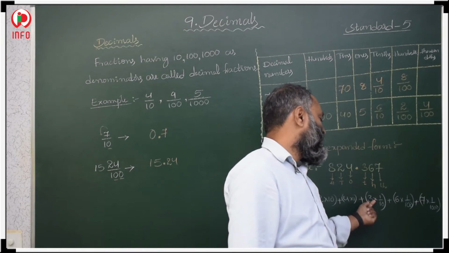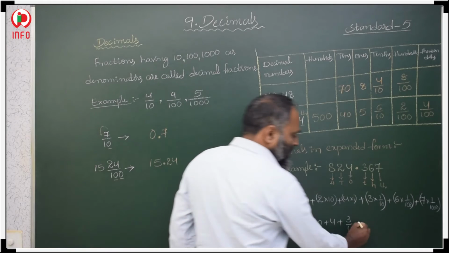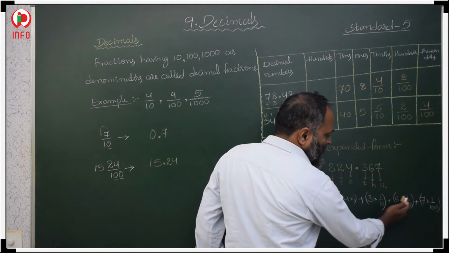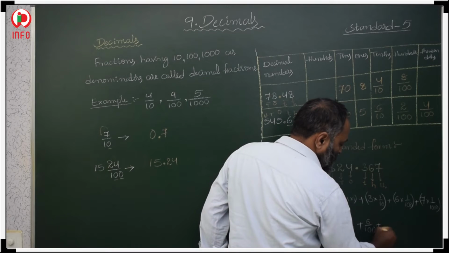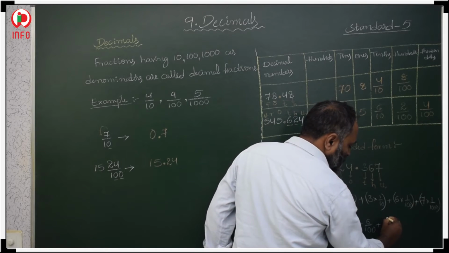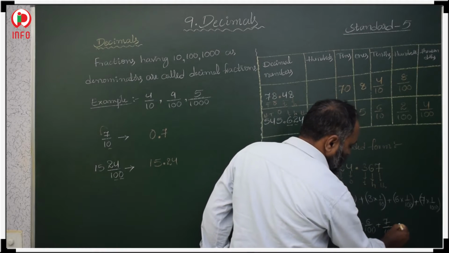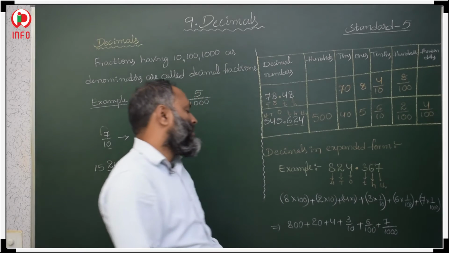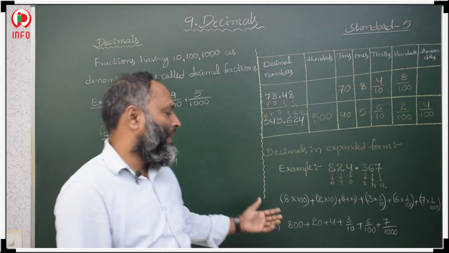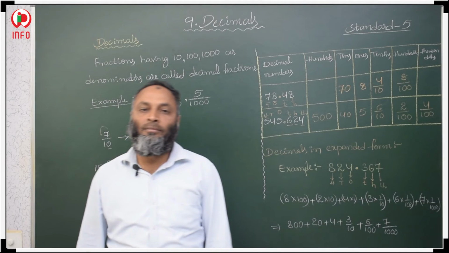So 3 is in the numerator. 3 ones are 3, 3 by 10, plus 6 ones are 6, 6 by 100, plus 7 ones are 7, 7 by 1000. This is our expanded form. When decimals are given, this is our expanded form of a decimal number. Okay.